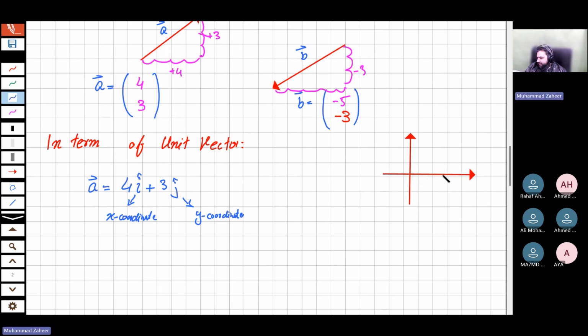For the x-axis we show the direction by i, and for the y direction we show it by j. And obviously, i and j are perpendicular unit vectors, because x and y are perpendicular.